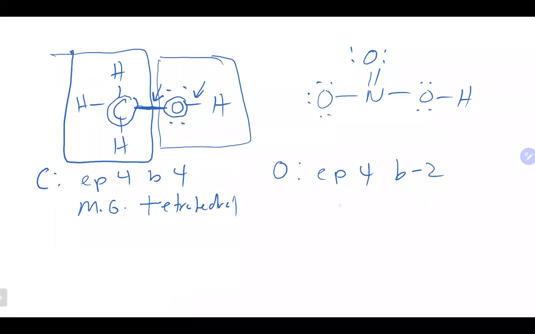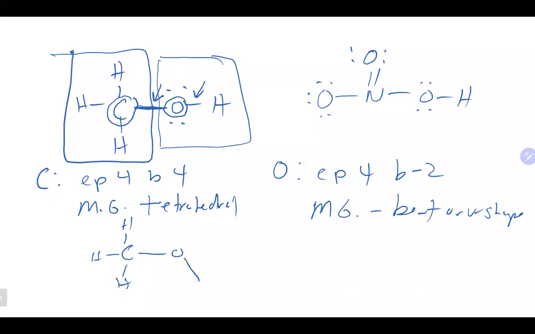So something with 4 electron pairs and 2 bonds, the molecular geometry would be bent or V-shaped. If you actually built this model, you would see a guy here that is sort of tetrahedral going into a bent or V-shape, and this guy would have that tetrahedral arrangement on that side of it.